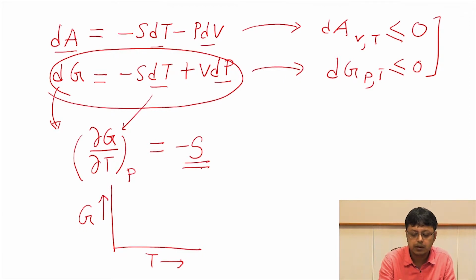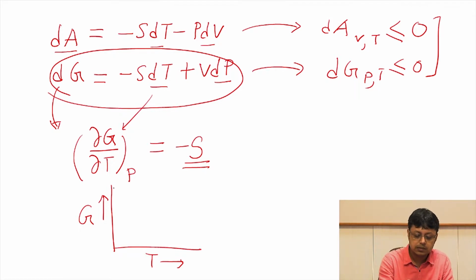Now remember, S is entropy, and entropy is a positive quantity, which means del G del T at constant P is always a negative quantity. It decreases as we increase the temperature, because del G del T at constant P is the slope. So Gibbs free energy decreases with increase in temperature.